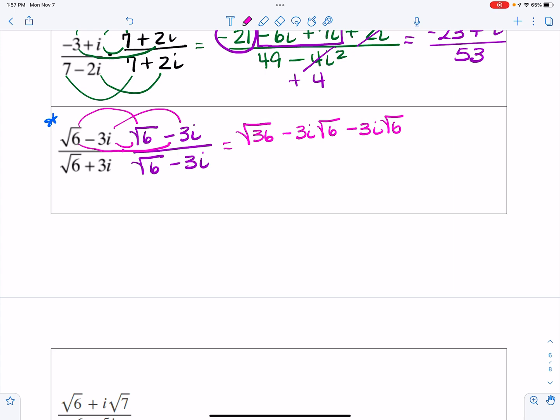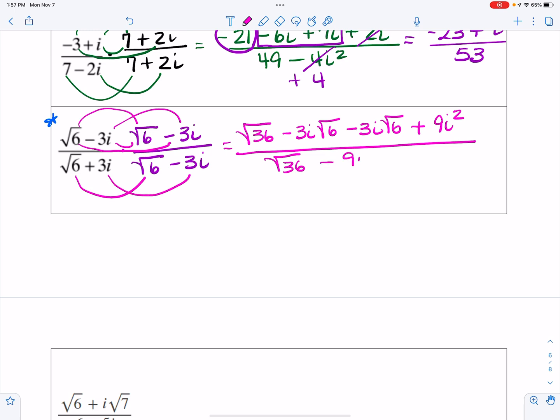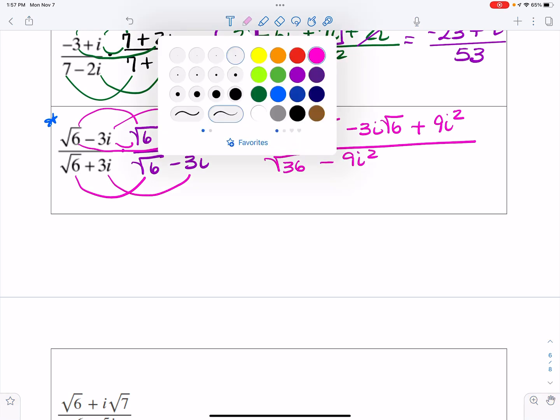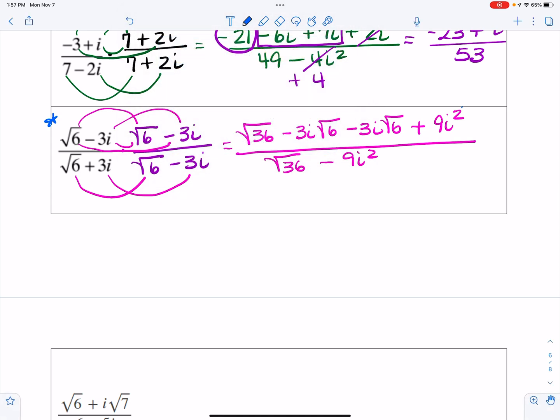And the last is positive 9i squared. All over first square root of 36, last negative 9i squared. And then we replace that with a negative 9. We replace that with a 6.